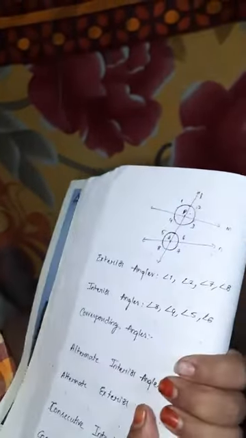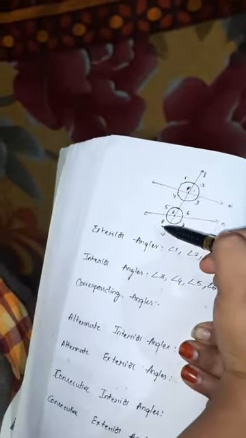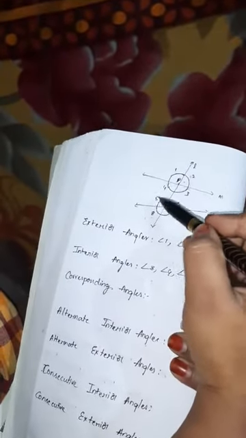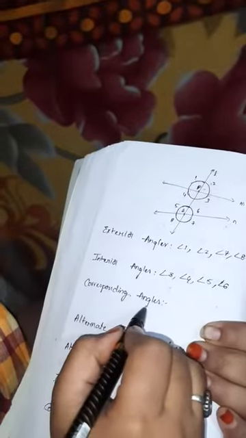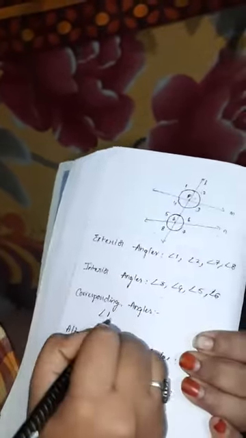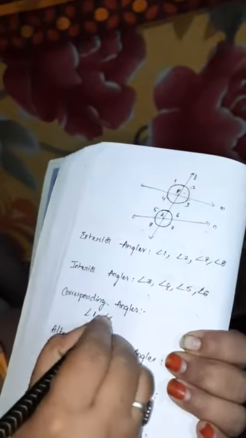Corresponding angles. Corresponding angles are non-adjacent angles which lie on the same side of the transversal, one exterior and the other interior. Those pairs are called corresponding angles. Angle 1 is exterior and angle 5 is interior.